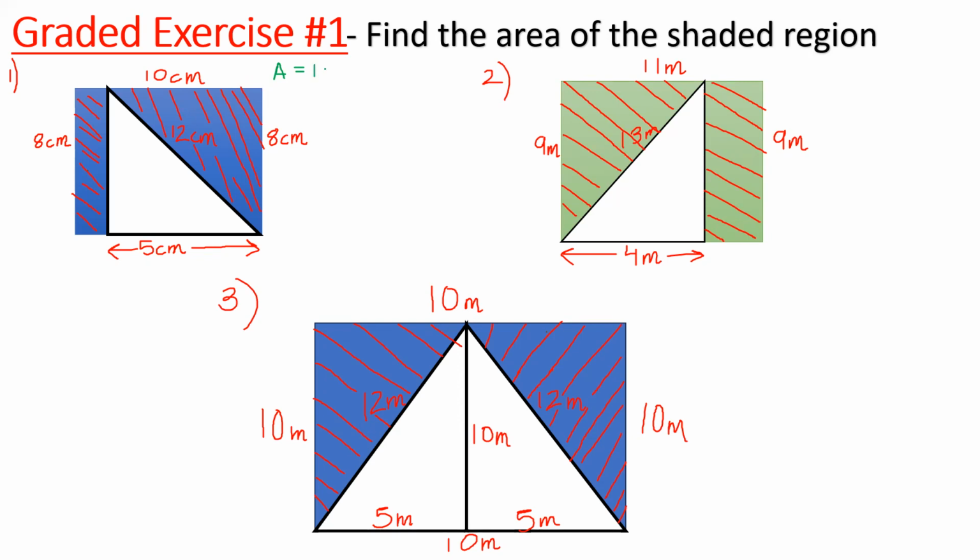What is the length? 10. And what's the width? 8. Good. So what is 10 times 8? 80. So the area of the rectangle is going to be 80 centimeters squared.